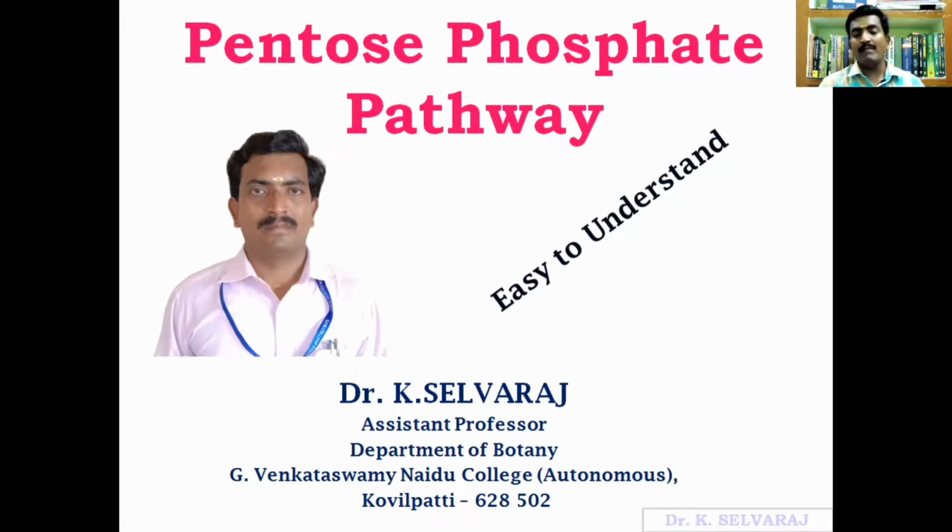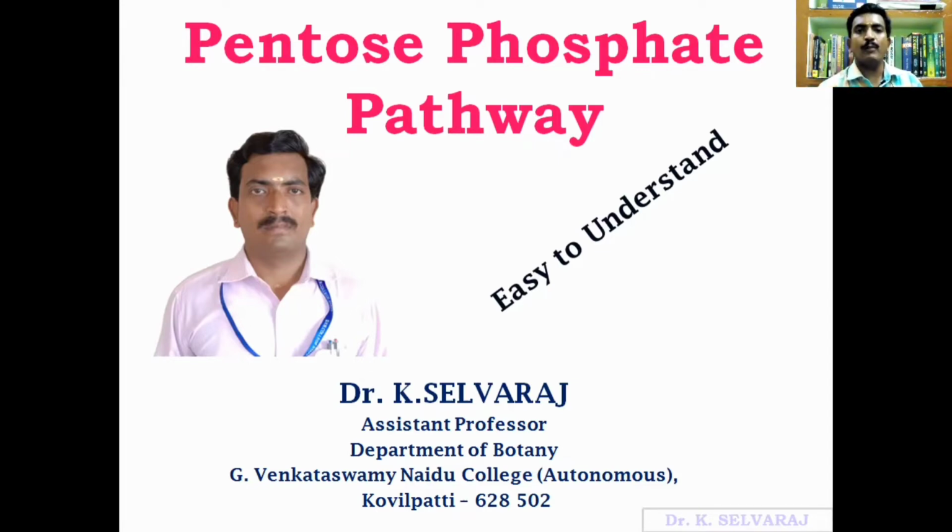Because the nucleosides and nucleotides are formed through this pathway, and also the free radicals which form whenever the oxygen molecule is exposed to our cell. That free radical is countered by NADPH that is synthesized in the pentose phosphate pathway.